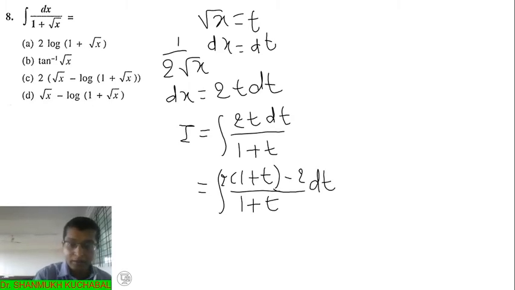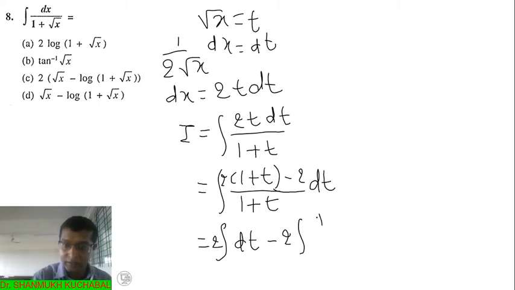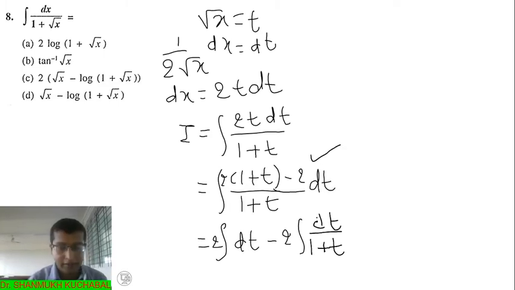So further, we take first term divided by denominator, so we get 2 times dt minus, taking 2 as a constant outside, second term, that is 1 divided by 1 plus t into dt here. Okay, first term divided by denominator we have written, similarly here second term divided by denominator we have written.